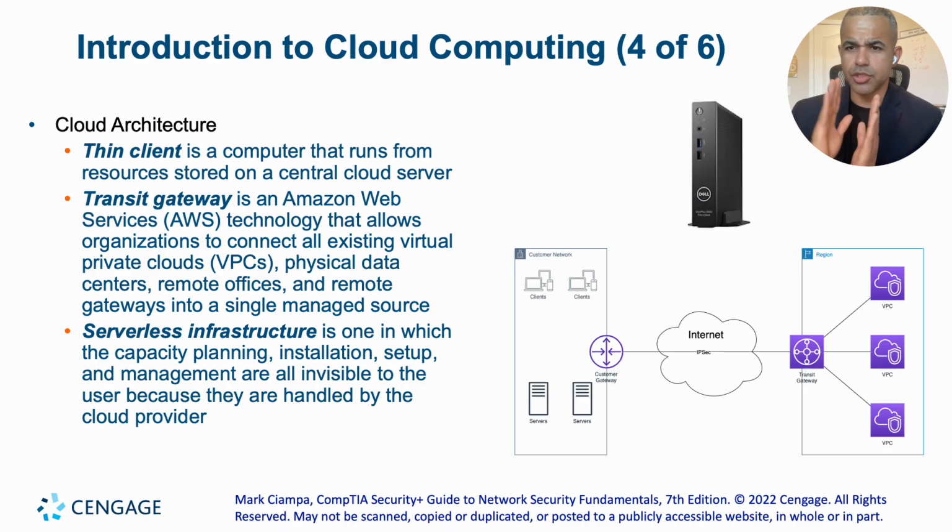Thin client: little tiny machine, all it does is connect to the cloud. Transit gateway is the tech and the protocols that allow a computer to access all of the services in that cloud infrastructure. And a serverless infrastructure is what we refer to as an organization that has gone 100% into cloud infrastructure and has nothing to do with physical infrastructure in their place. They just want to hire Amazon or Google Cloud or Microsoft Azure and a couple of other ones just to use their stuff. They don't want to have their own stuff.